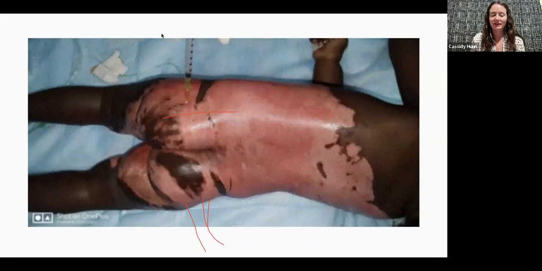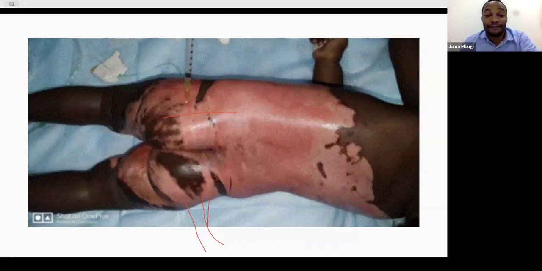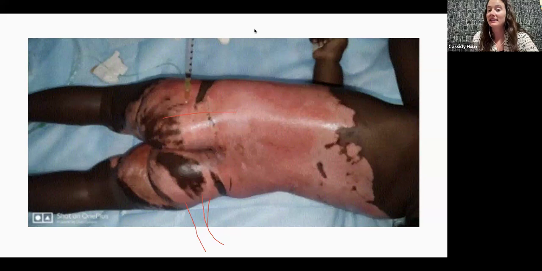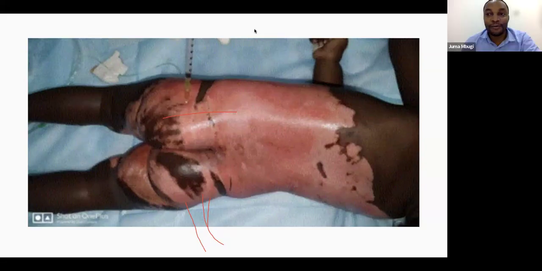Oops, sorry, I skipped through them by accident. How about this one? Dr. Cassidy, are they writing in the chat, or do they have to say something? I said they can unmute and say something, but if any of our moderators are watching the chat, if people are putting things into the chat, you can let me know that as well. Yes, Zahra, you can go ahead.